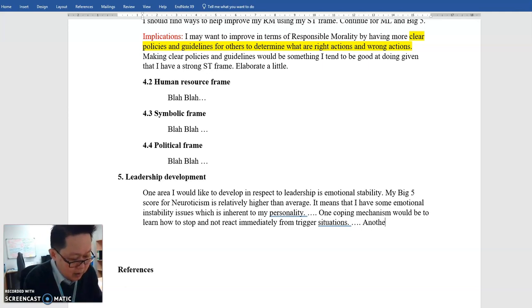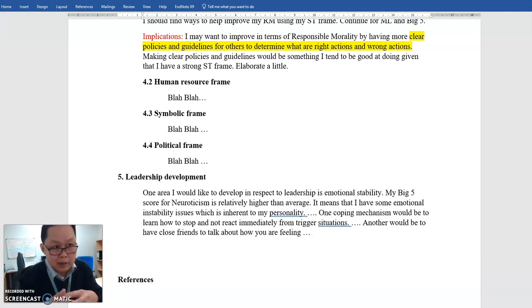Another would be to have close friends to talk to about how you are feeling, to dissipate the anger, the jealousy or envy, this kind of negative feeling that you have. Having someone close you can talk to helps to mitigate this issue.